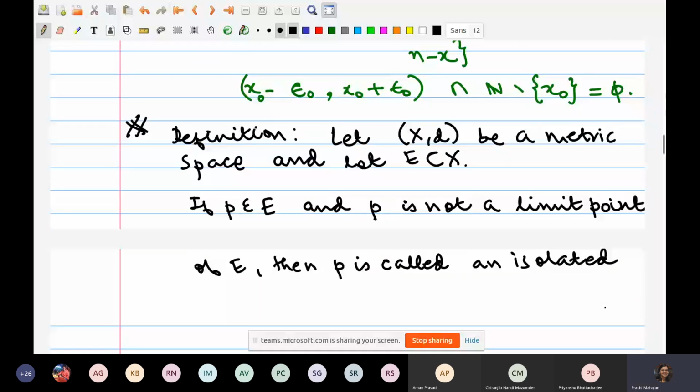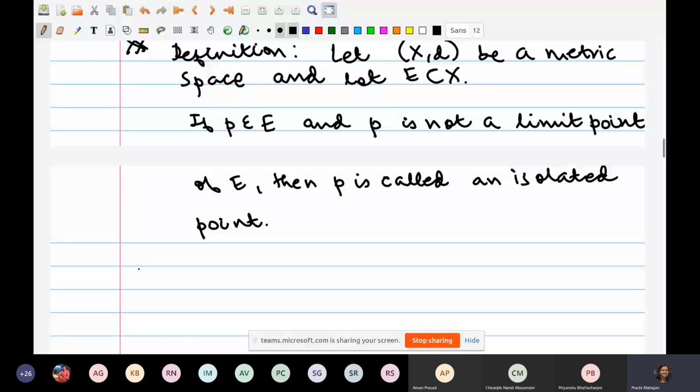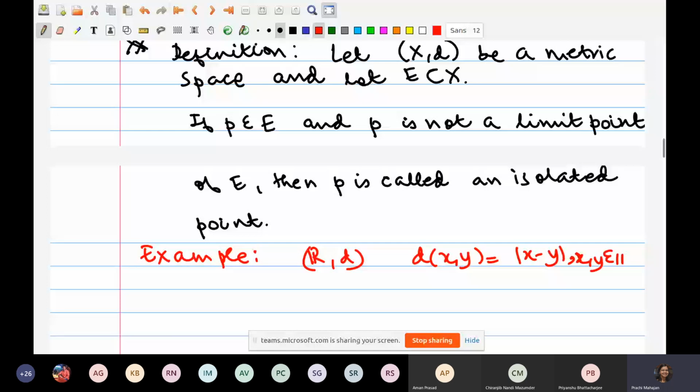Let's see this in light of an example. I will go back to the definition one more time, but let's see this example first. Just now we considered the real line with the Euclidean metric, which means that the distance d is given like this for any two real numbers. And consider the subset N of the real line.